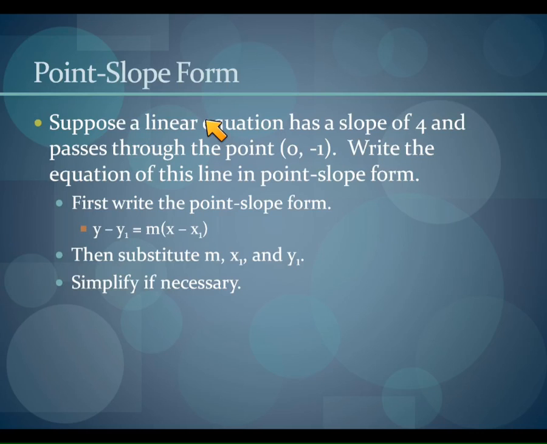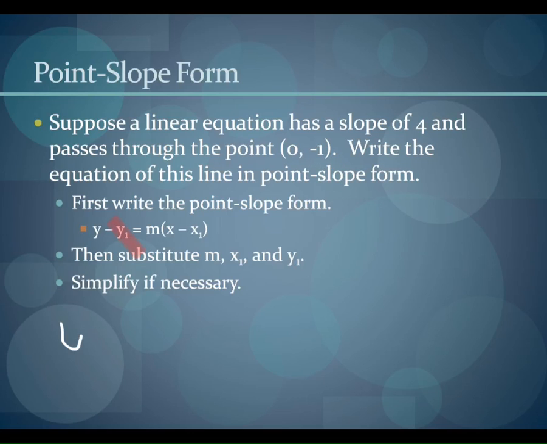So, for example, if I have an equation that I want to write in point-slope form that has a slope of 4 and goes through this point, I'm going to plug those things in here. For y1, I'm going to plug in the y-coordinate, which is -1.